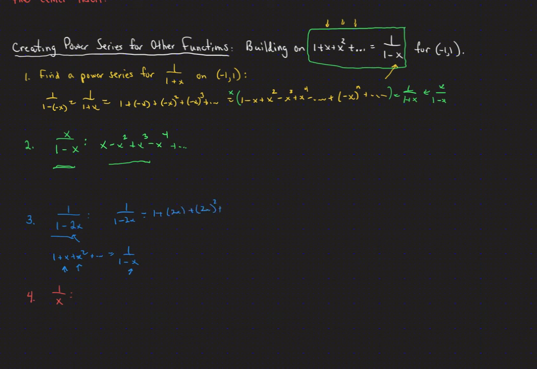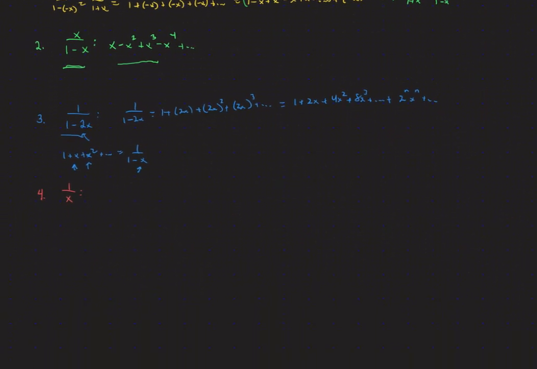So I'm going to do that. We could either leave it like that, or if you like, that would be 1 plus 2x plus 4x squared plus 8x cubed plus, and we could write that nth term either as 2x to the n or as 2 to the n x to the n. Either of those would be great.